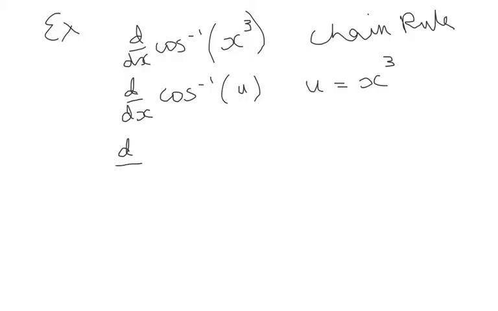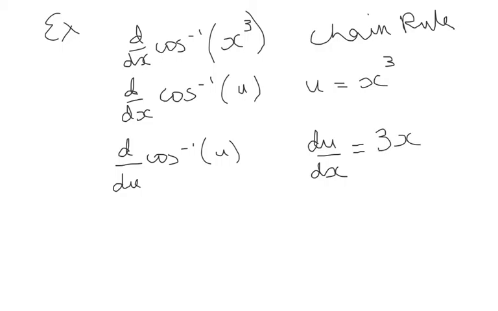Now we find the derivative with respect to u of inverse cos of u, and the derivative of u with respect to x. The derivative of u with respect to x is 3x squared, and the derivative of the inverse cos equals negative 1 over the square root of 1 subtract u squared.